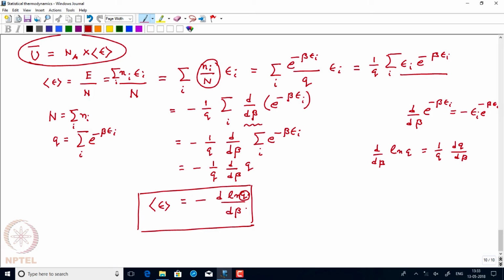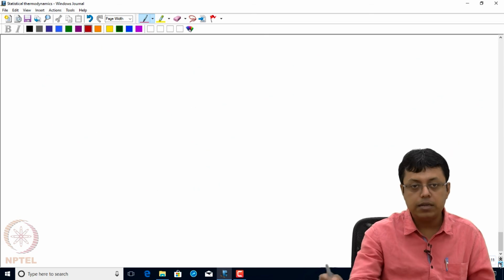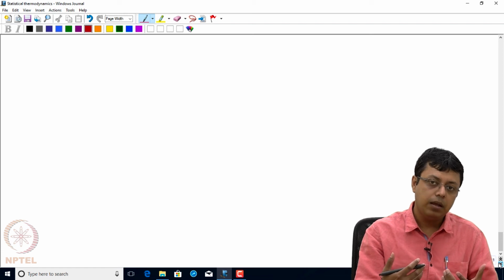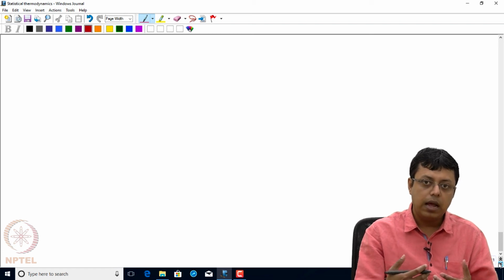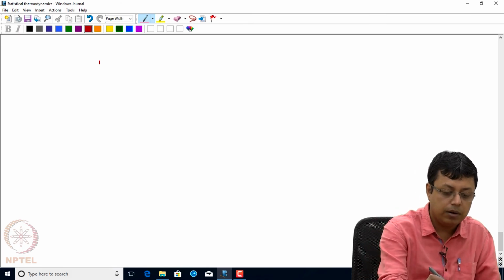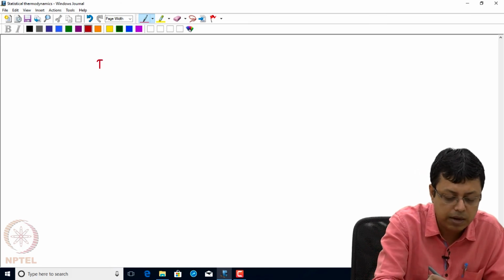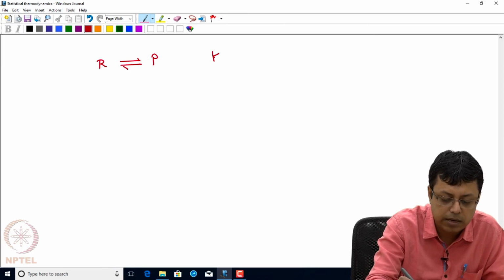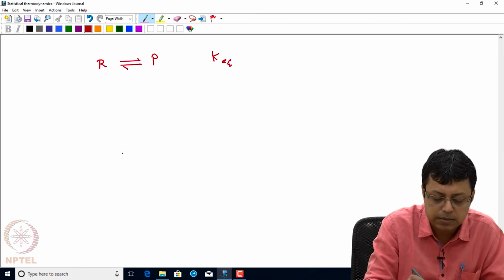Similarly, we can calculate many other properties like the entropy or the molar entropy. We can calculate the internal energy, as we have shown, and then we can calculate the Gibbs free energy. And once we calculate the Gibbs free energy, from that we can also calculate the equilibrium constant. Now suppose I have an equilibrium where some reactants go into products, and I'm writing the equilibrium constant as this.